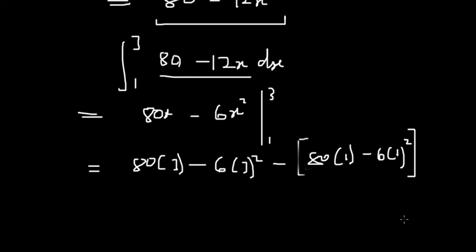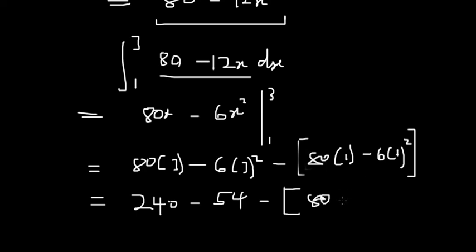Let's see how we will expand. 80 by 3 will give us 240, then minus 6 by 3 exponent 2, that's 54. Then let's open this bracket. 80 by 1 is 80, and then this will give us just 6.